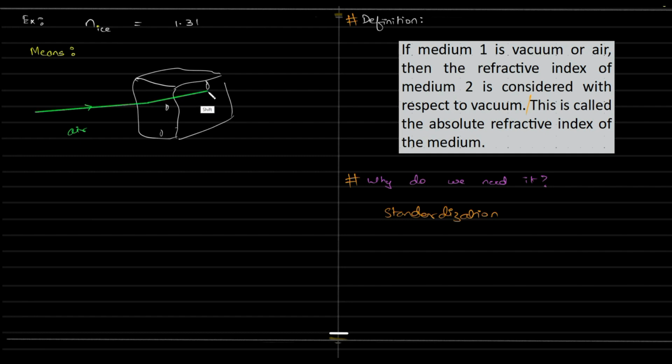So the first medium has to be air. And in terms of formula, it will be equal to c divided by velocity of light in ice. Since we know it is 1.31, and c is 3 into 10 to the power of 8, it's a simple matter of calculation. We can find the velocity of light inside the ice.